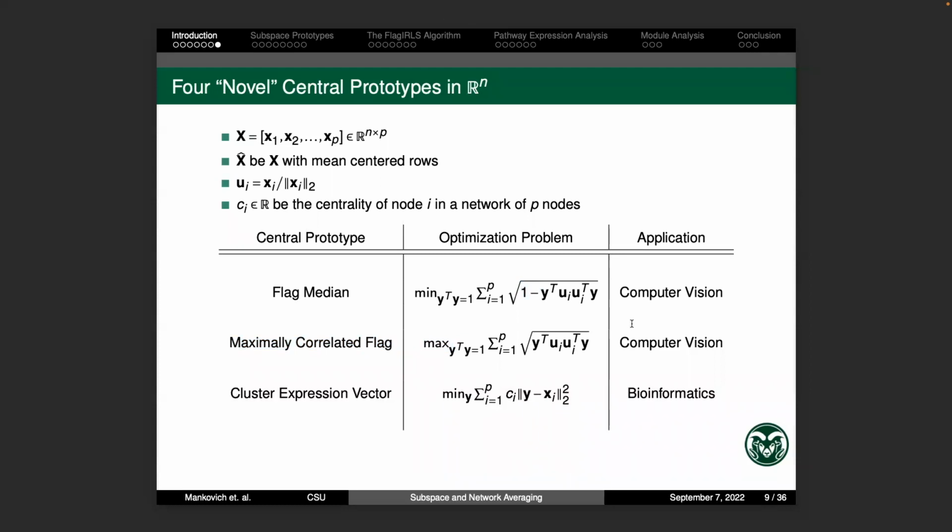Now we have the cluster expression vector, or the path. I'm going to also call it the pathway expression vector, depending upon what we're working with. This is a bioinformatics application, and this leverages these weights, which come from centralities.